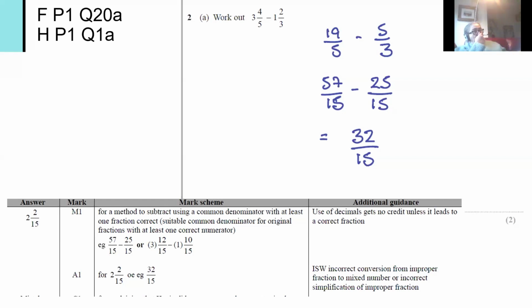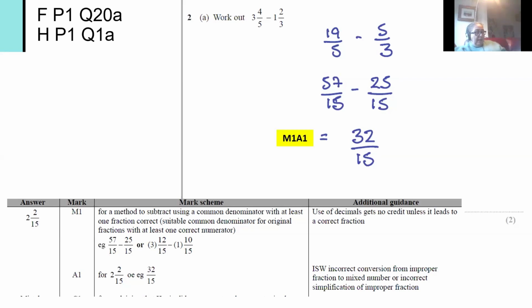Again, this is one where students are not penalised, even though mathematically some of you will be cringing, a bit like nails on a whiteboard, that they haven't put their number into a mixed number. They weren't asked to. It was just work that out. Mathematically, what they've done there is correct. So they get full marks. The mark scheme does say 32 over 15. They get full marks for that.